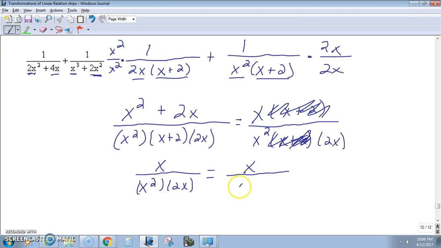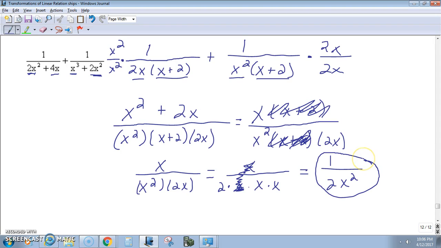X squared is really x times x, and then 2x is really 2 times x, but I could basically write it like this. And then you can really see this all reduces down to, when I add those together, 1 over 2x squared.